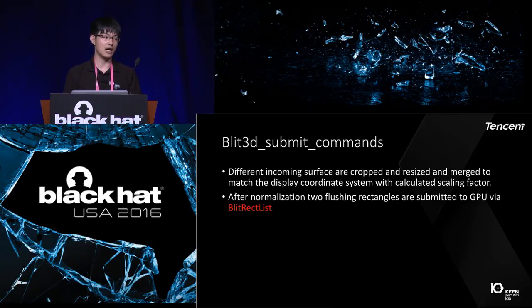As we have seen before, user space applications can provide different logical surfaces, and this function needs to normalize them as a valid rectangle to be processed by the GPU. So it will crop and resize different incoming surfaces to match what the GPU is happy with. After normalization, two flashing rectangles will be submitted to the GPU via the Pleat rect list function.